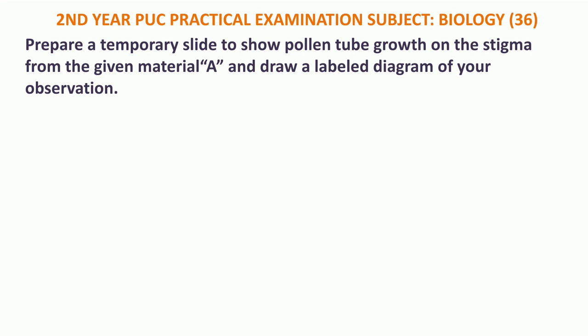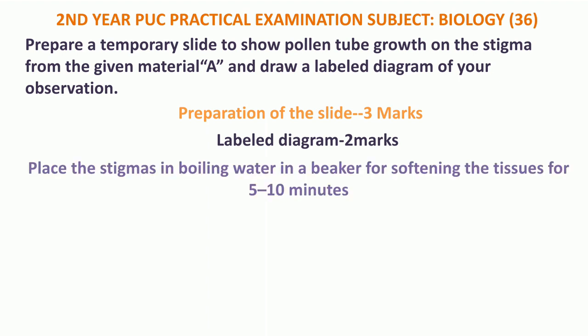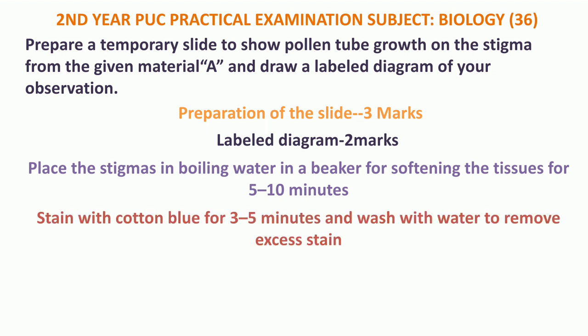The scheme of valuation for this question is: for the preparation of a slide, it carries 3 marks, and the labeled diagram carries 2 marks. The procedure is: place the stigmas in boiling water in a beaker for softening the tissues for 5 to 10 minutes, stain with cotton blue for 3 to 5 minutes, and wash with water to remove excess stain.